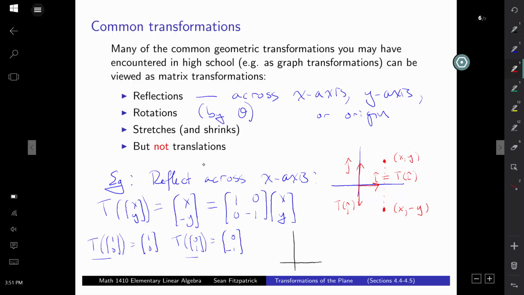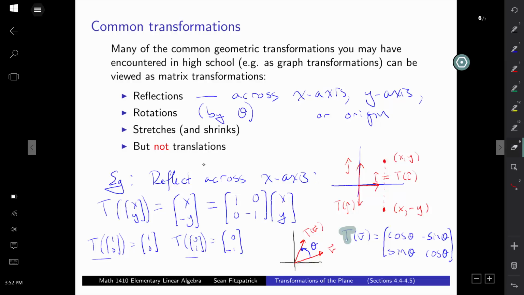If I start with a vector v, T of v is here, and if T of v is obtained by simply rotating through an angle of theta, then it turns out the matrix for this rotation is [cos theta, -sin theta; sin theta, cos theta], times v.